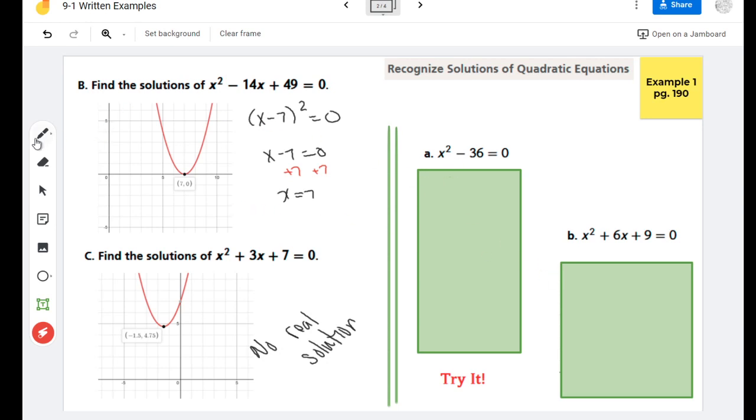So let's check out A and B here. For A, I could actually solve this directly. I could recognize that it's a difference of squares, and call it x plus 6 and x minus 6. A trick that you're going to see in a little while is that you can set each of these factors equal to 0 and use that to solve.